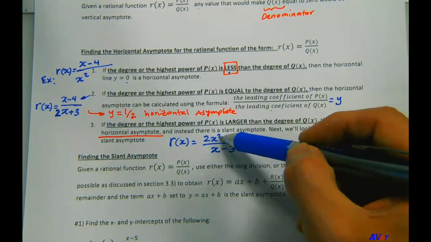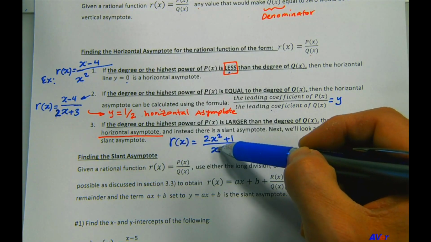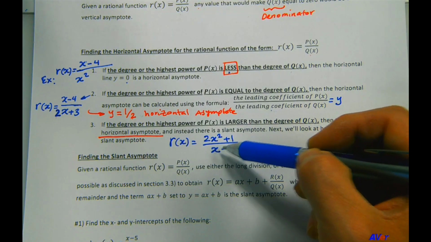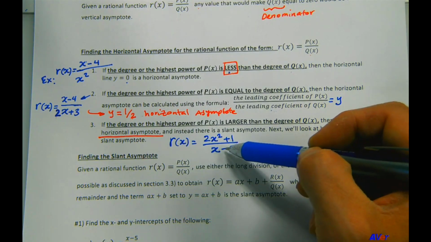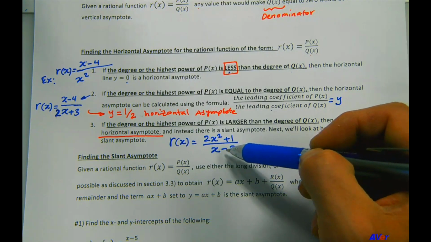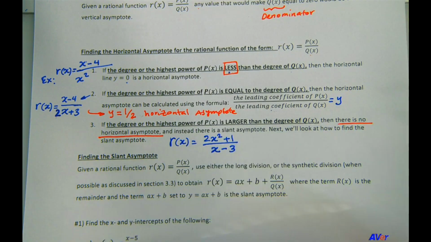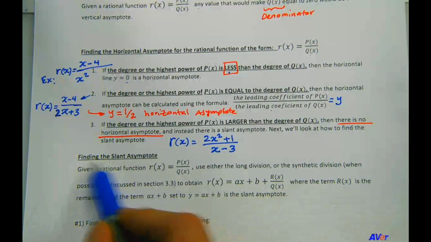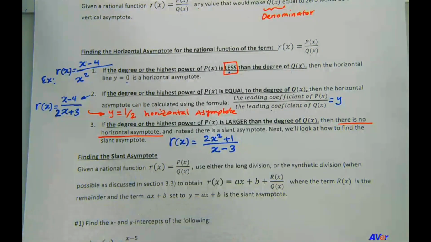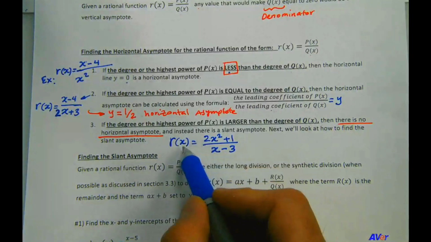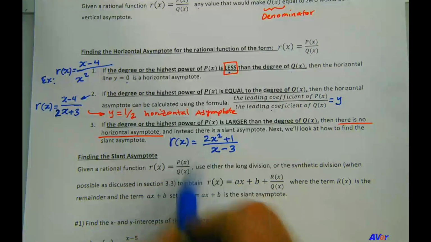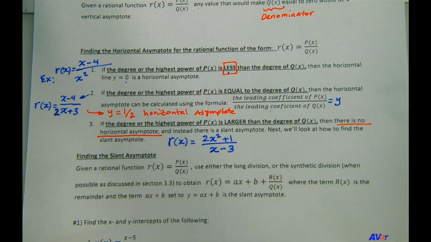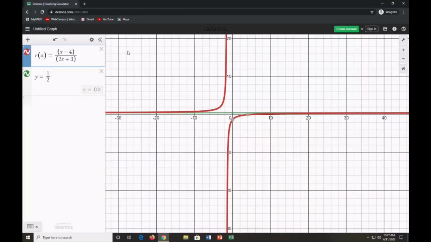The power in the numerator is larger than the power in the denominator. So that means we do not have a horizontal asymptote. Instead, we have a slant asymptote. And next we will look at how to find the slant asymptote. But meanwhile, let's go back to the computer and graph this rational function to see how the slant asymptote is there.